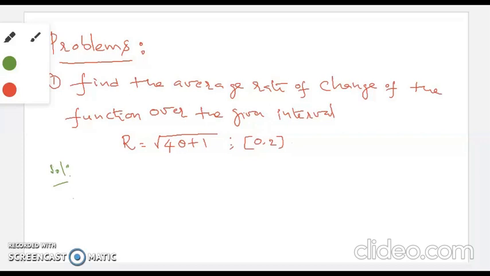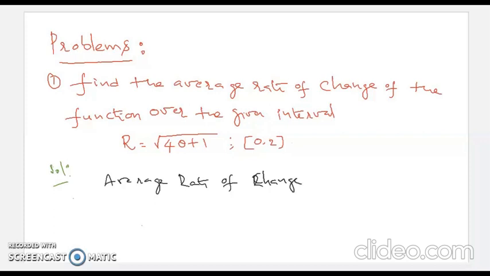So here, average rate of change is equal to, what is the formula for average rate of change for the function on the given interval?